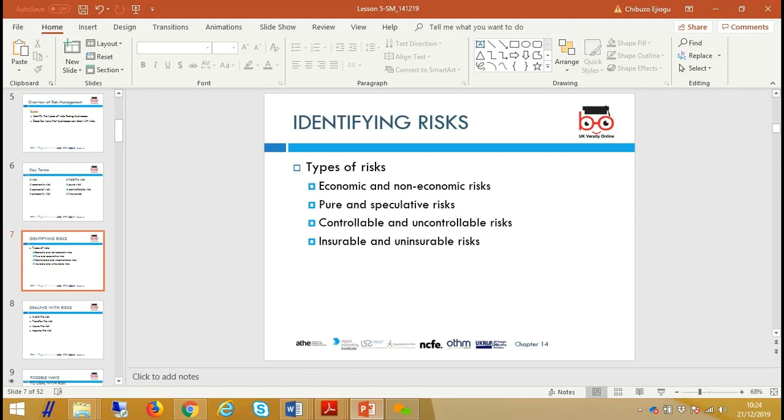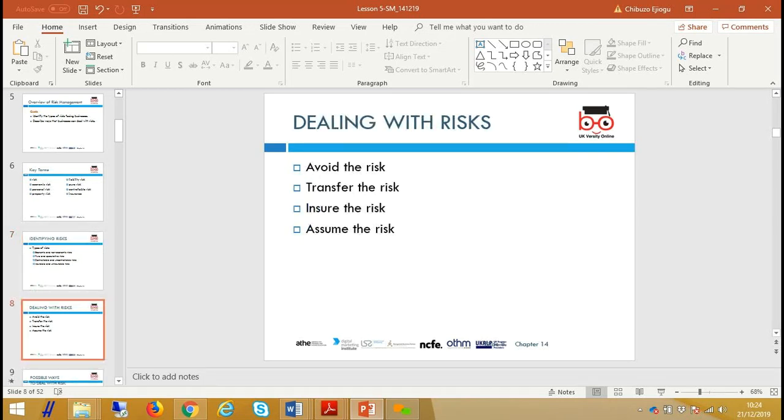For instance, if companies ask you to insure against late transportation, like flights or trains being more than 10 minutes late in terms of their business operations. We know that the train transport companies are usually late. No insurance company will insure against that. So those are uninsurable risks.